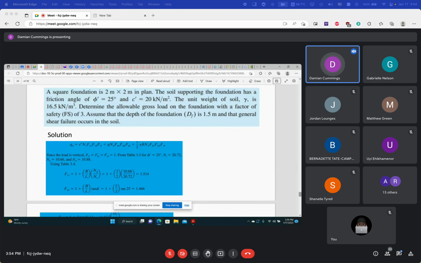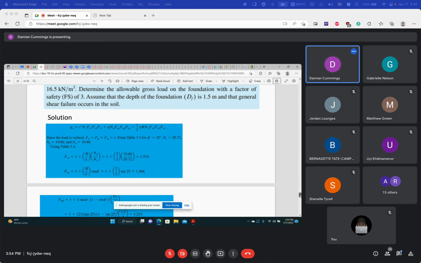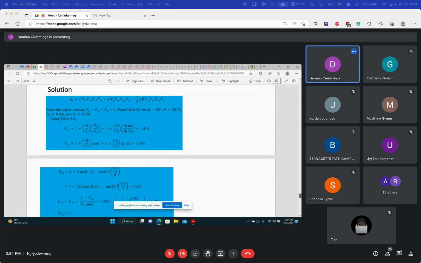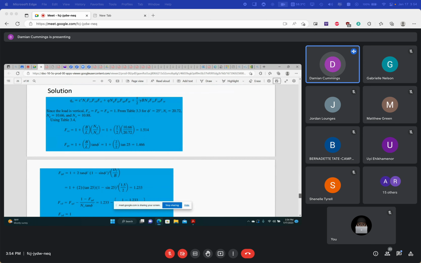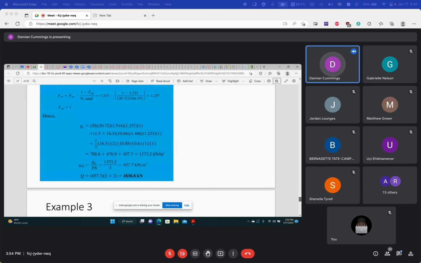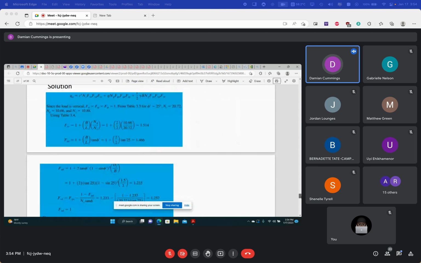So it's a matter of calculating Fcs, Fqs, and Fd, and putting them back into the general form of the bearing capacity equation, right? And you should be able to.